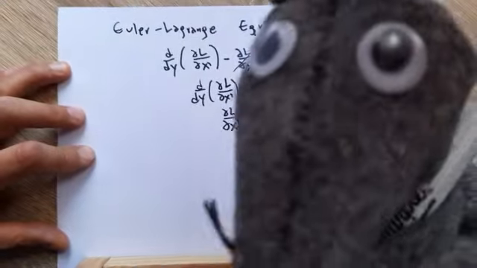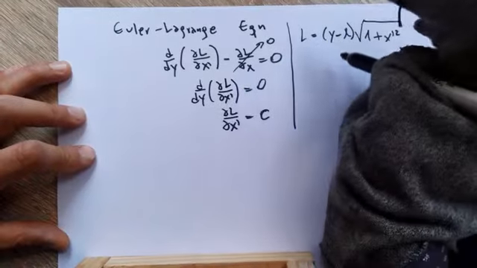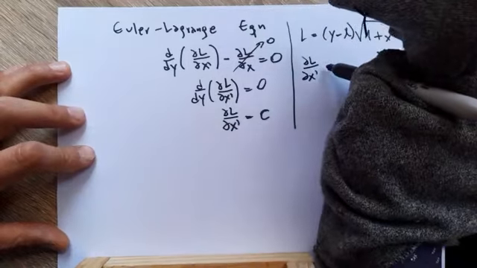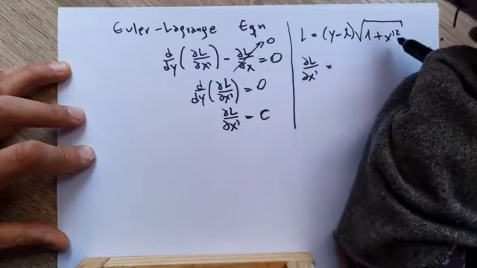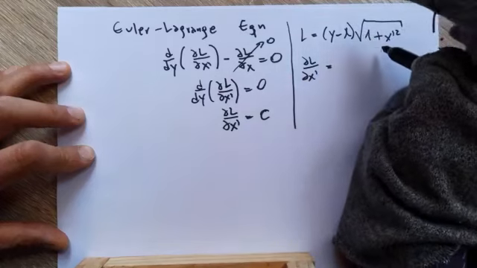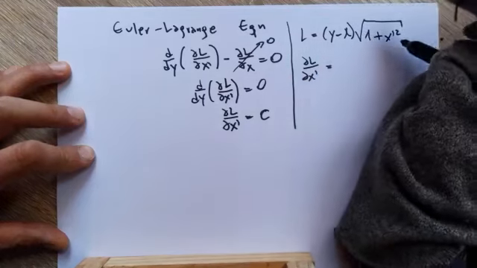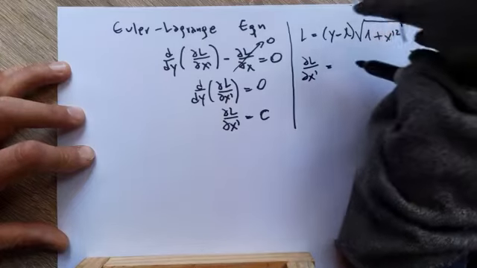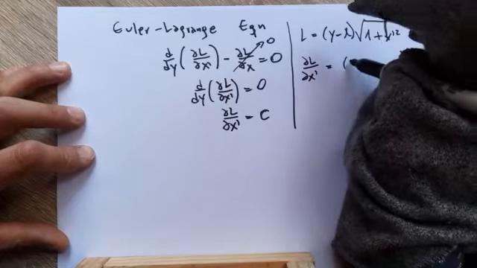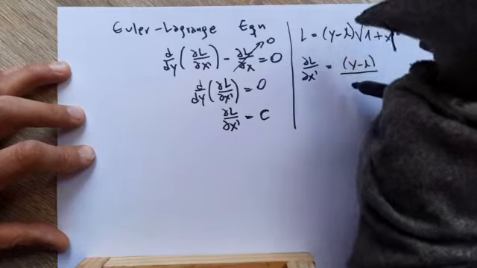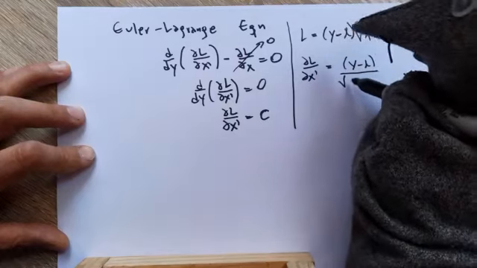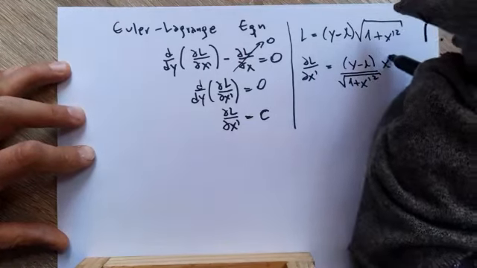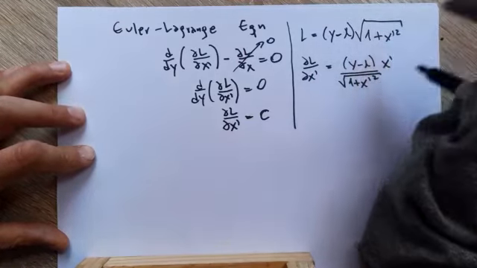Now we take the derivative with respect to x prime. ∂L/∂x prime equals: we got the derivative of the square root here, so we will get 1/2, but the 1/2 will cancel with the derivative of the square here, so we will have y minus lambda. The derivative of the square root is 1 over square root.